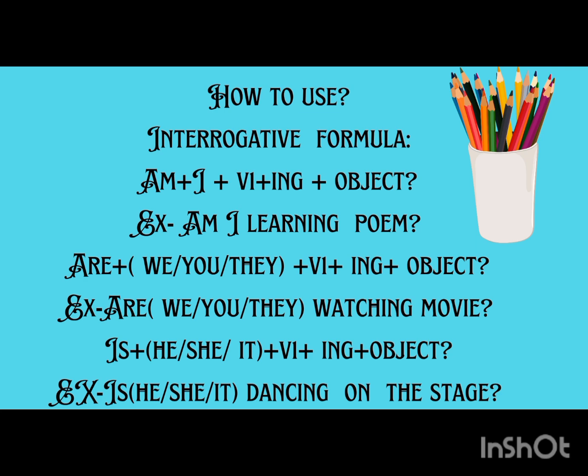Is plus he, she, it plus first form of verb plus ing object question mark. For example, is he, she, it dancing on the stage? You can choose any one pronoun from the bracket. Okay, so this is the formula of interrogative sentences.